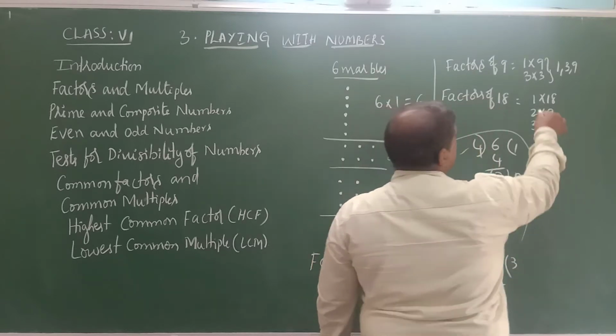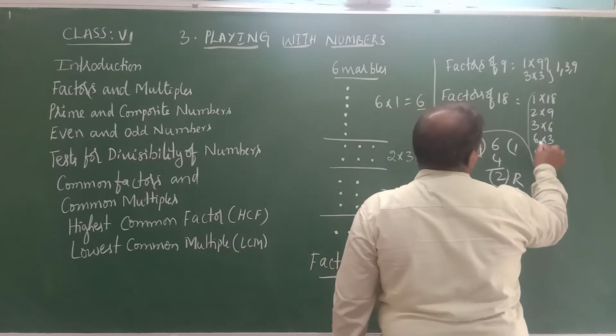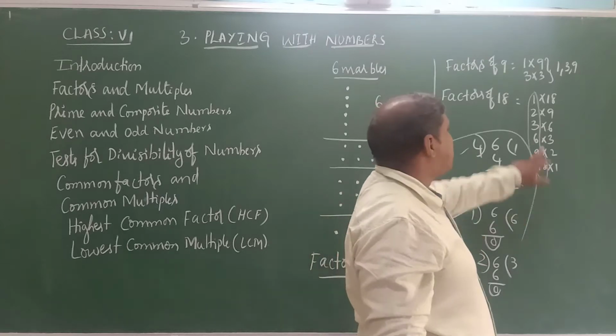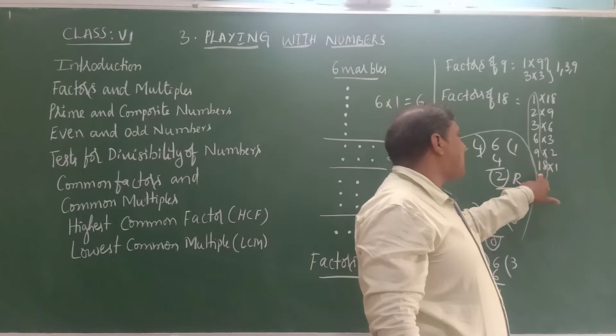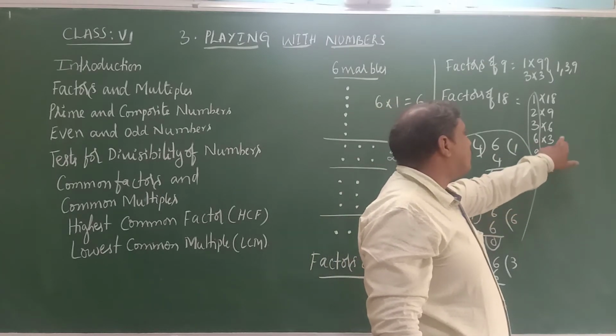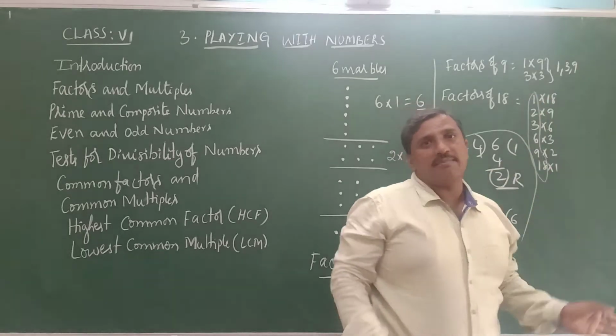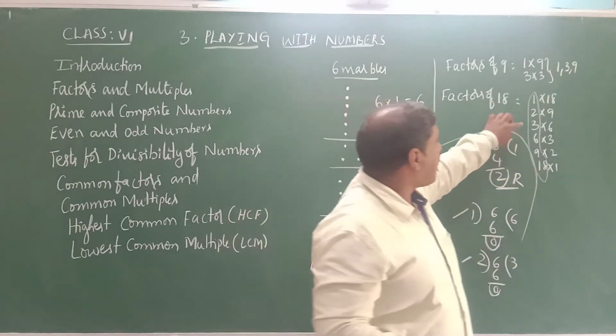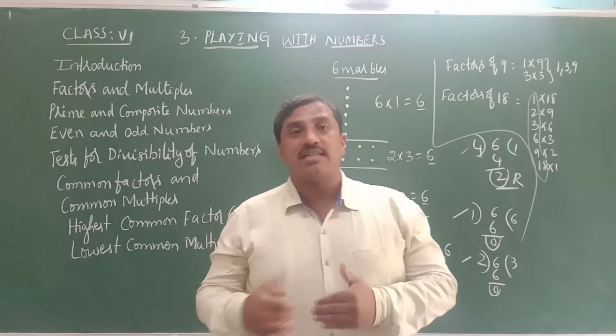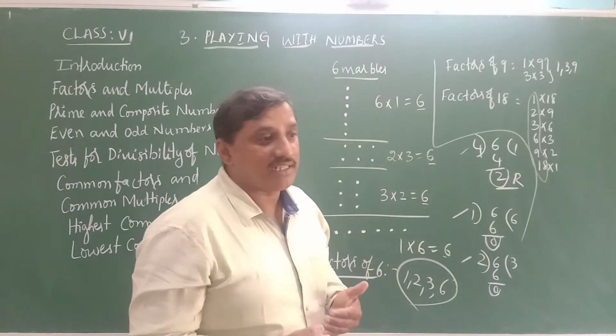Now observe: the numbers 1, 2, 3, 6, 9, 18 are repeated. So there are 6 factors for 18.